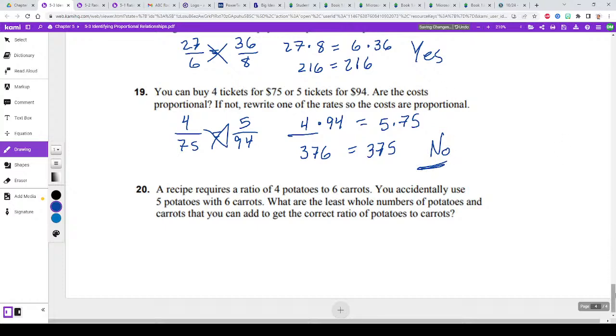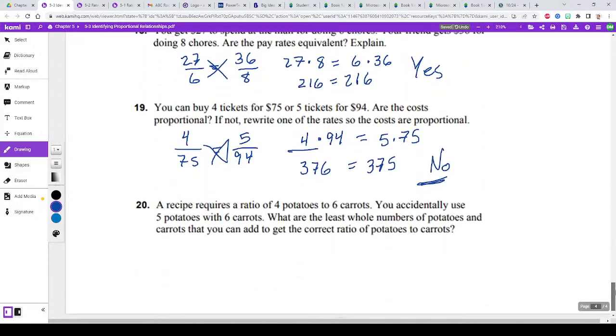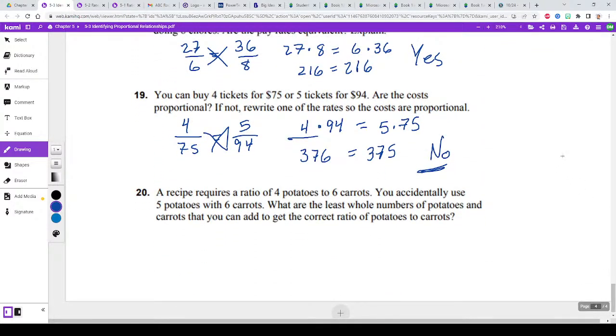Okay, now this one says, if not, rewrite the rates. I didn't read the rest of the problem. Okay, great. If not, rewrite one of the rates so that the costs are proportional. So this is one of those things where you get to choose. I'm going to choose 4/75, and I want to change 4/75 to be proportional.